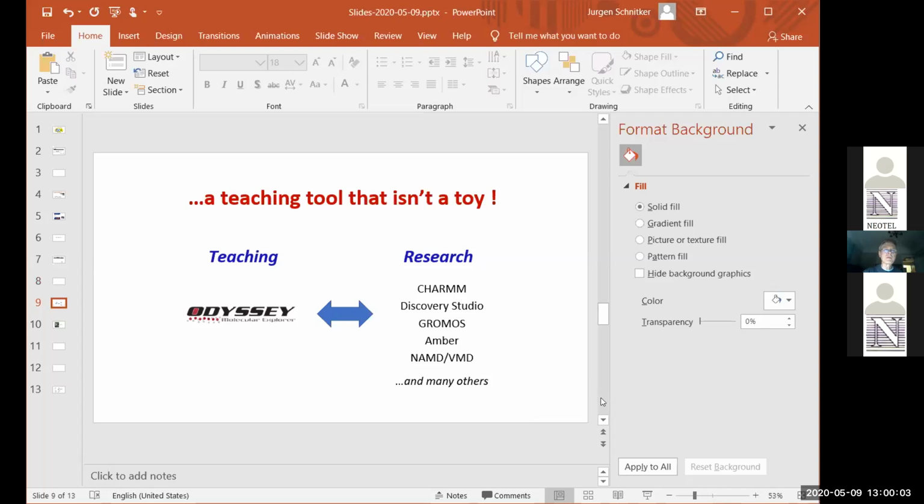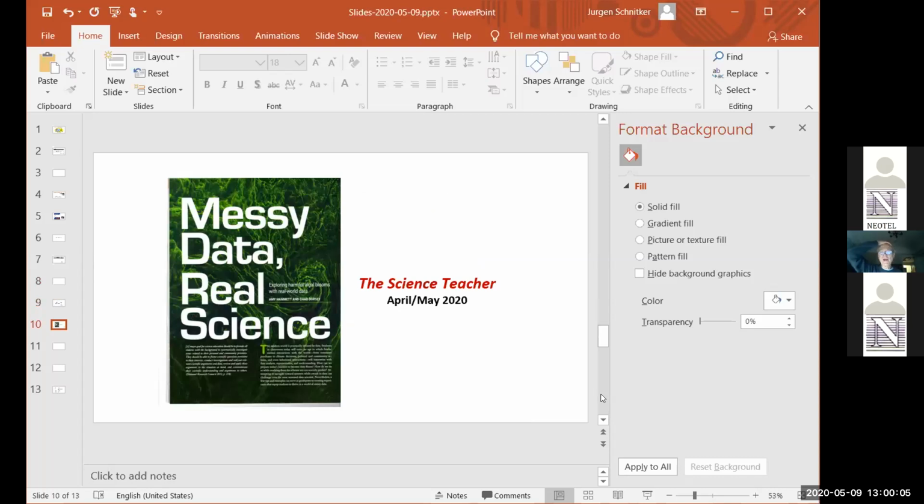Another aspect of using ODYSSEY in teaching is that, here, this is just a title page I got from this month's issue of The Science Teacher, which is one of the journals of the National Science Teachers Association in the US. And this is about something in biology, not chemistry, but I love the title, Messy Data, Real Science.